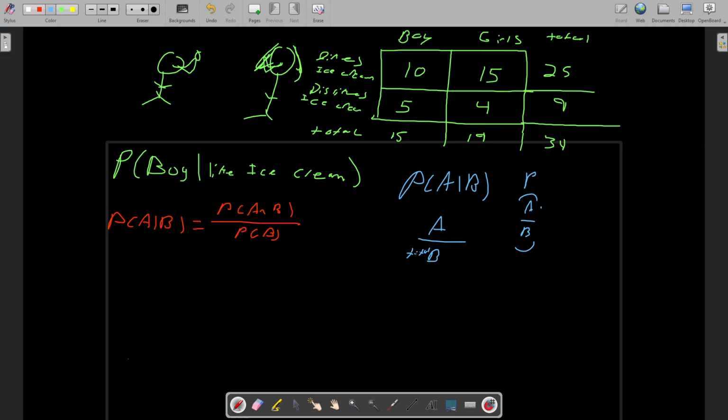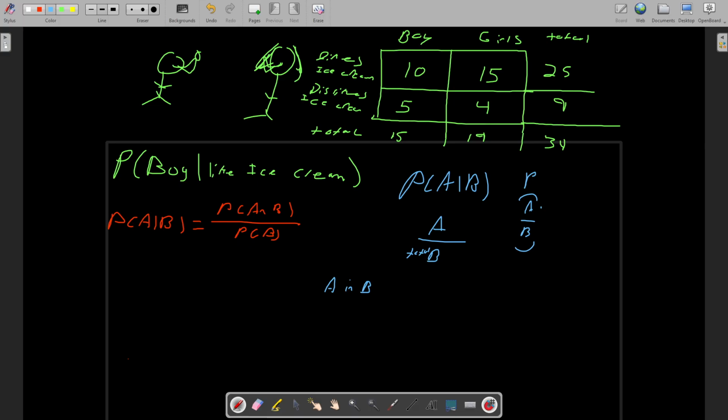So what we have is the probability of our boy, and this is in the sample space of B. So we have our A in B. How many boys are there? Well, there's 15 boys.